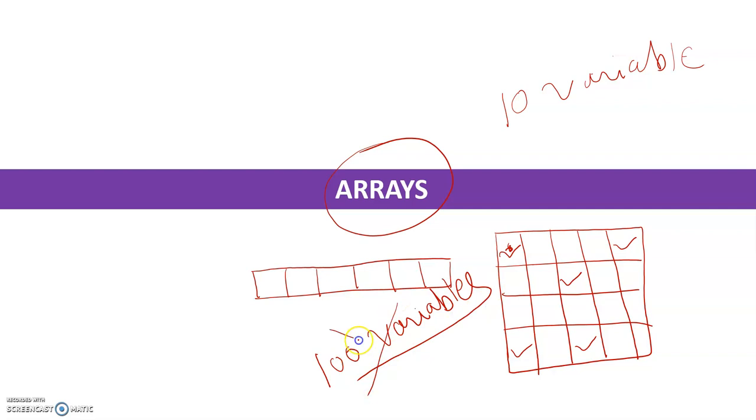No, it is not at all a good idea. It means that we need some concrete feature or tool in which we can store 100 values without declaring 100 variables. And for that we have the array.